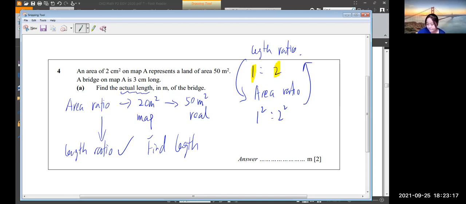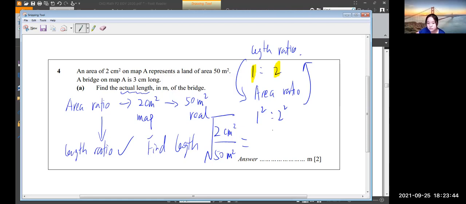Okay, good. So let's do the reverse. How do you do the reverse? Basically, you just write down 2 cm square, combined with the unit. If you square root it, I know if you square root 2, you're not going to get a nice number. When you are not going to get a nice number, your actual rank is also affected a bit, so you don't want that to happen. Just carry on.